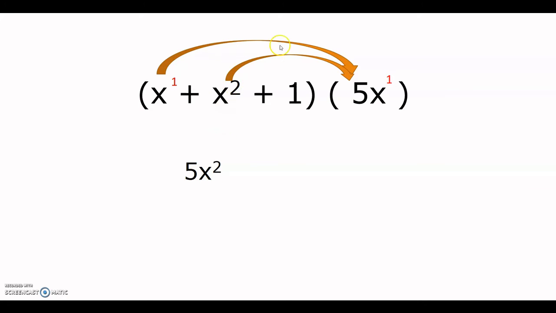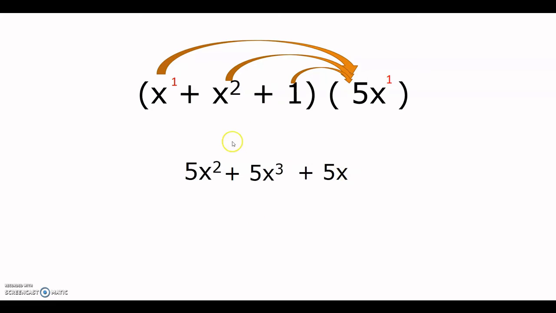Next, x squared times 5x. So the answer is 5x cubed, because we have the exponent here of squared, or 2, plus 1 is 3. So 5x cubed. Since the sign here is positive and here is positive, positive times positive is positive. Next, we have 1 times 5x. So the answer is positive 5x.